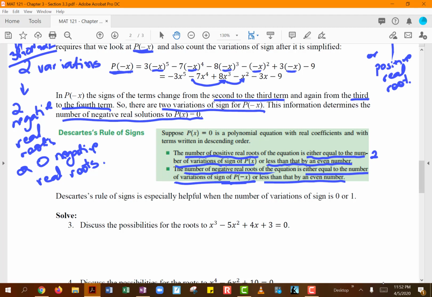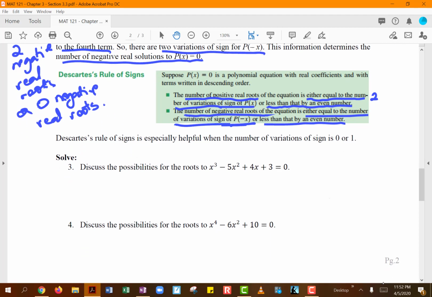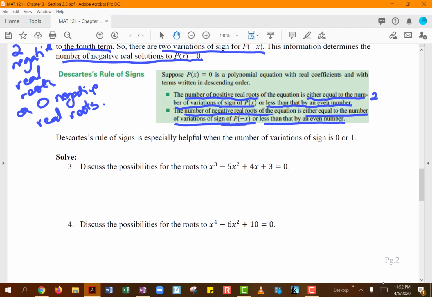Then the number of positive real roots and negative real roots is either equal to the number of variations, or you start subtracting by 2. Let's take a look at example 3 over here, and 4 I believe is also about the same thing. Then let's see how we can use that to our advantage.